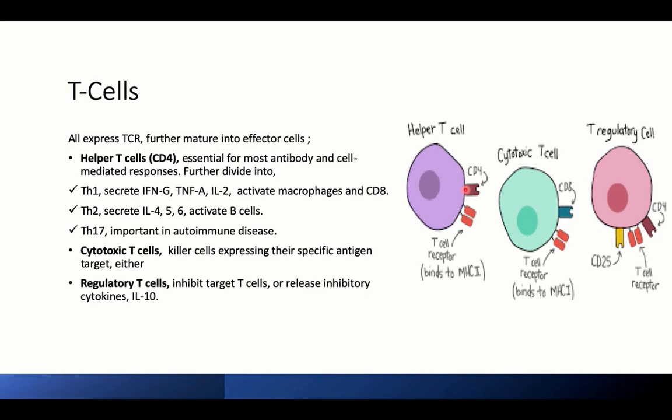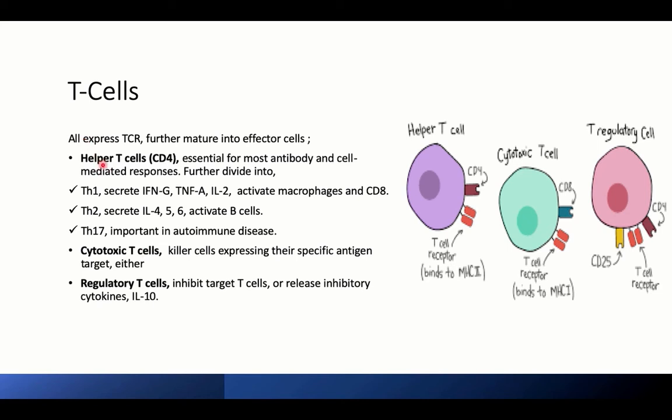There are more than 300 numbers of cluster of differentiation available for recognition of the cells. So T helper cells are given the number CD4, and the T cytotoxic cells are given the number CD8, and so on.